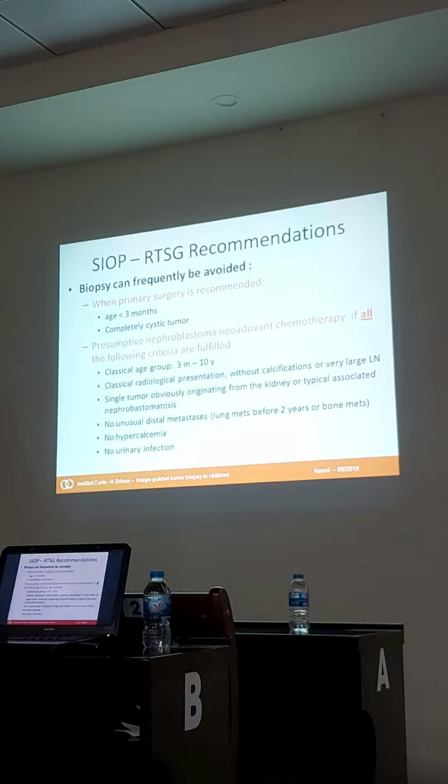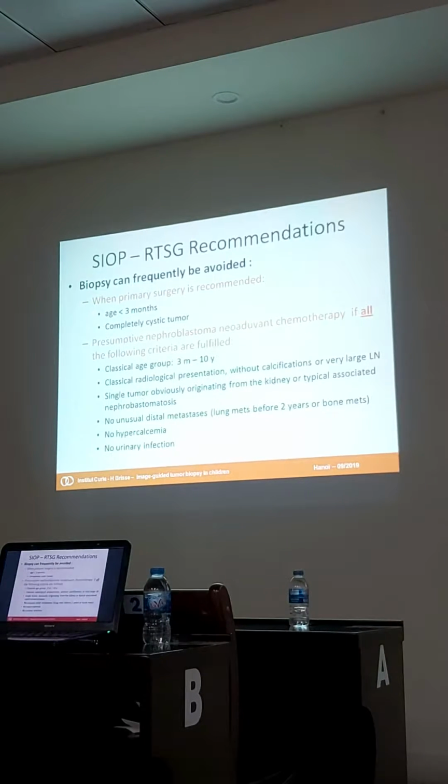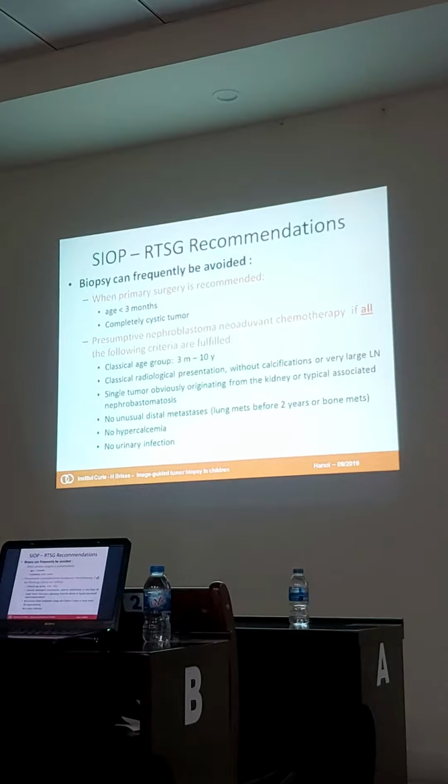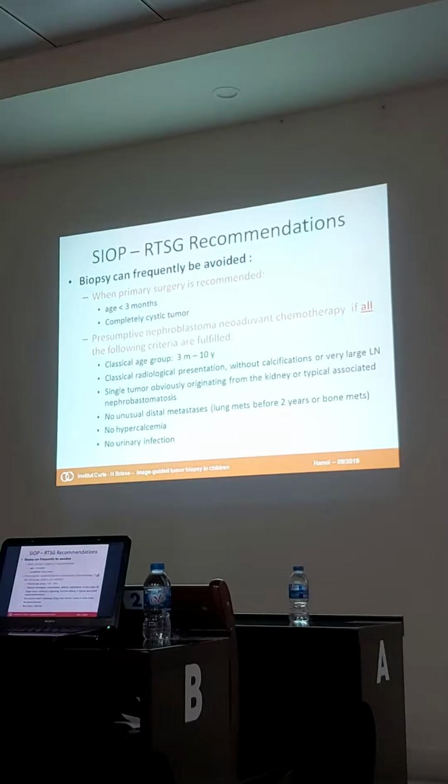So the current SIOP recommendations are these. You do primary surgery usually for very young patients or completely cystic tumors, and you can perform neoadjuvant chemotherapy without performing biopsy if all these criteria are fulfilled.